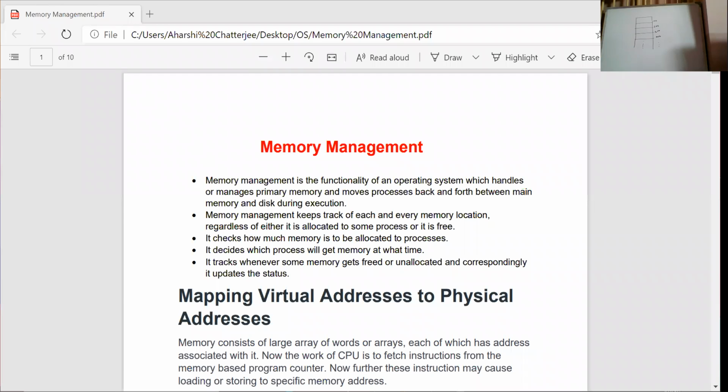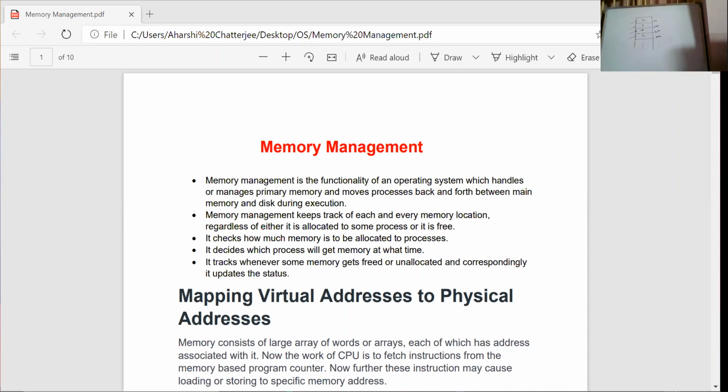In memory management, we have to keep track of each and every memory location. This is a memory location, this is another memory location, and another. Among these memory locations, some can contain data and some cannot contain any data.